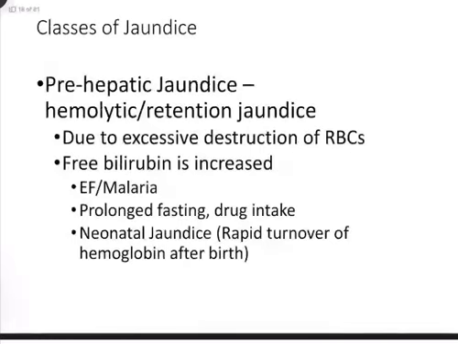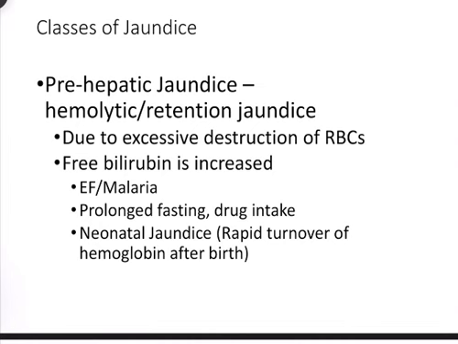Classes of jaundice. You have prehepatic jaundice. This prehepatic jaundice occurs before the liver function. It doesn't have a correlation with your liver function. Prehepatic jaundice can be caused by excessive destruction of your RBC. That's why it is also called hemolytic jaundice.